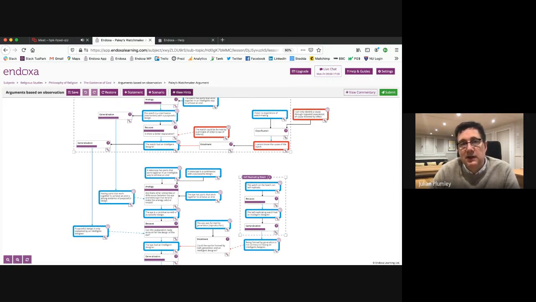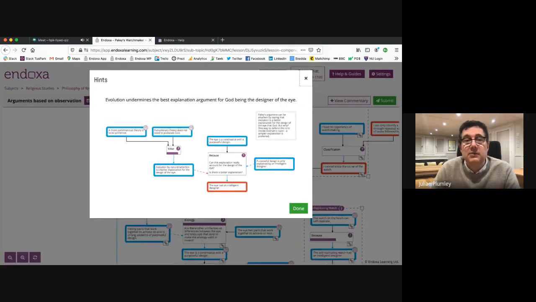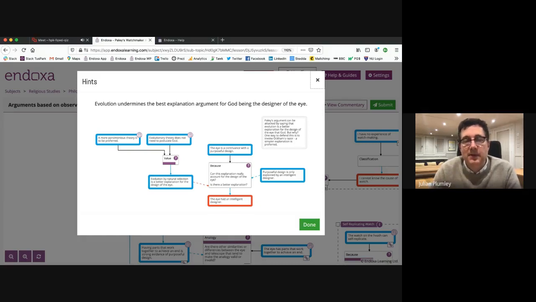If I click on hints here, and I'm just going to make the screen a bit bigger because that's a little bit small. Here's one of the hints, and here we come back to Dawkins again. This hint is called evolution undermines the best explanation argument.